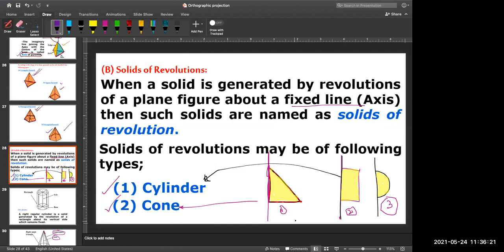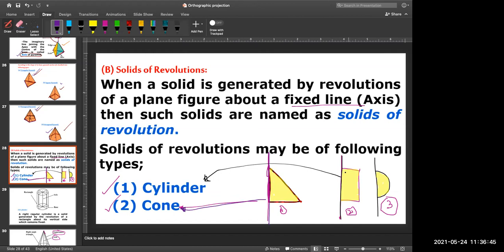Like you can see in figure number 1 here, I have drawn a triangle and one axis line. If I revolve this triangle about this axis, then you will get this cone.